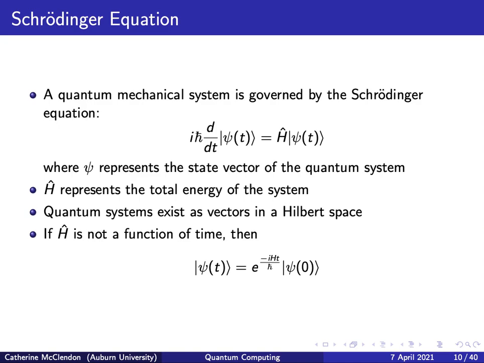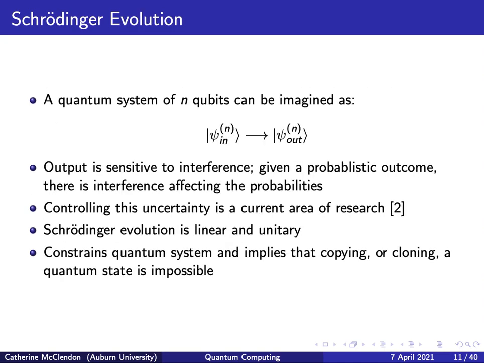So a quantum system of n qubits can be imagined as qubits in, qubits out. Here, the phi in are superpositions of states evolving according to the Schrodinger equation to yield superpositions phi out, as opposed to a classical system of just bits in, bits out.